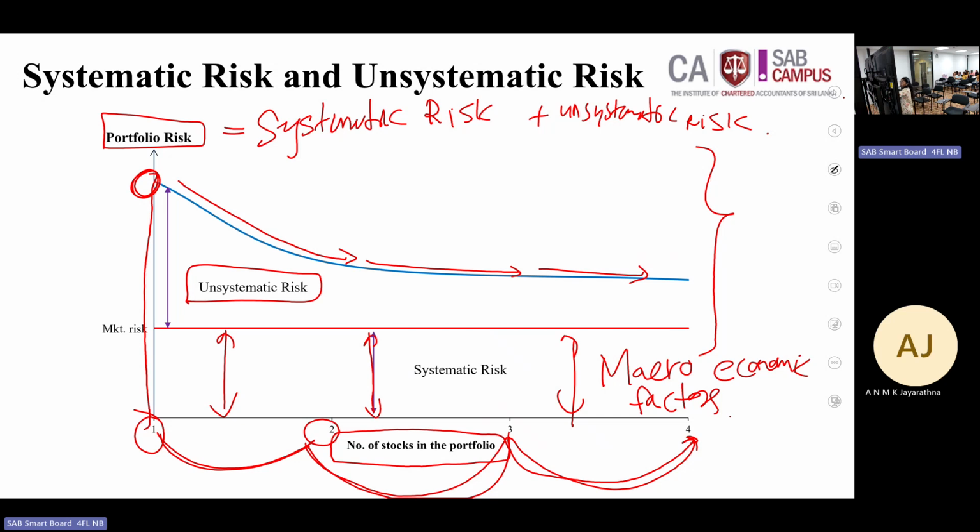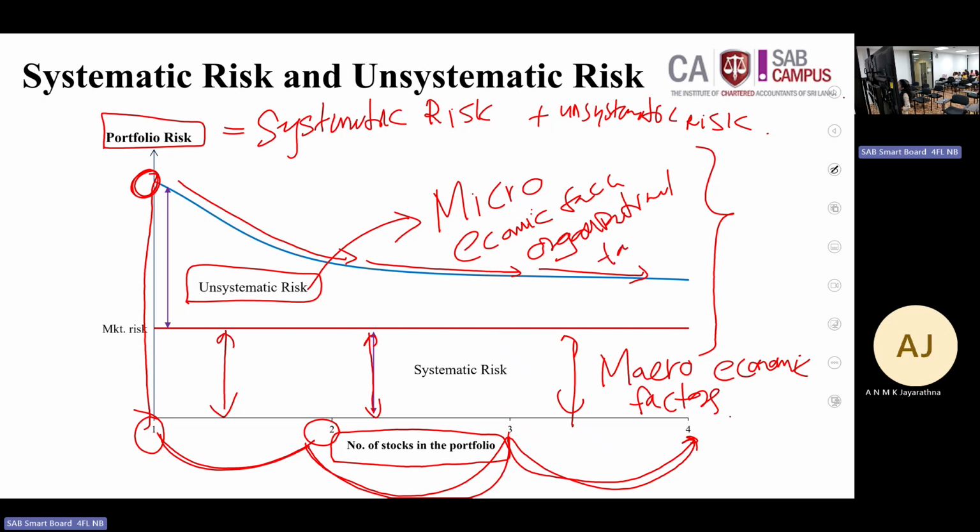So this is unsystematic risk because of the microeconomic factors, or especially the organizational factors. Company specific factors which are giving us risk for the portfolio.